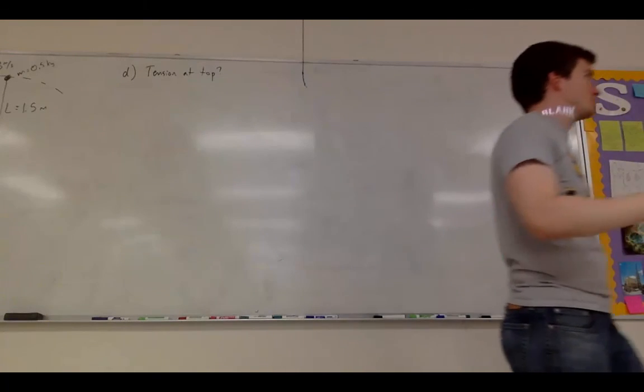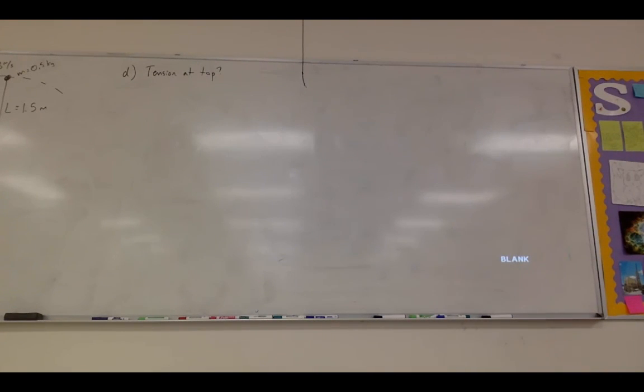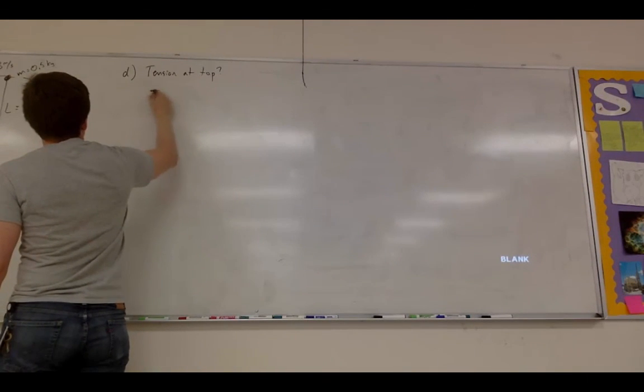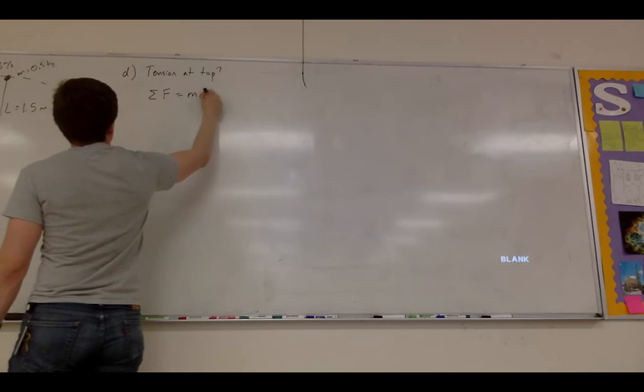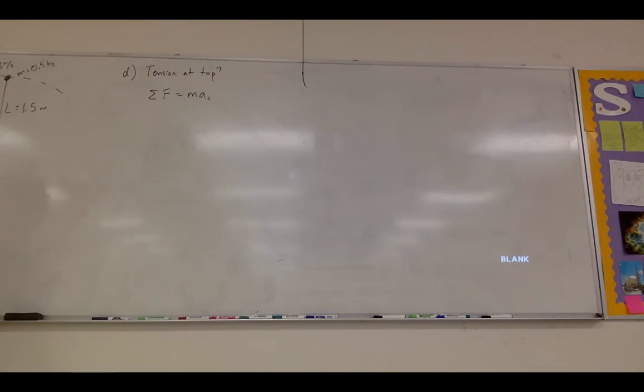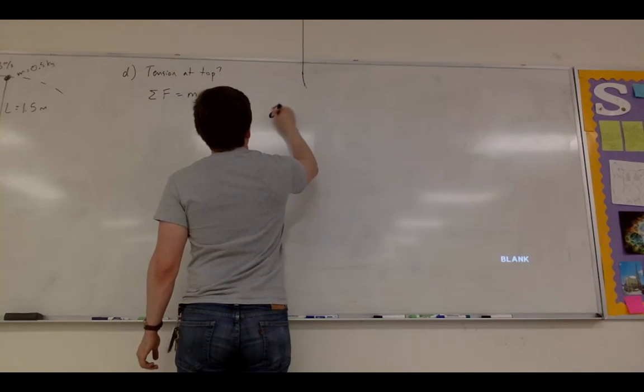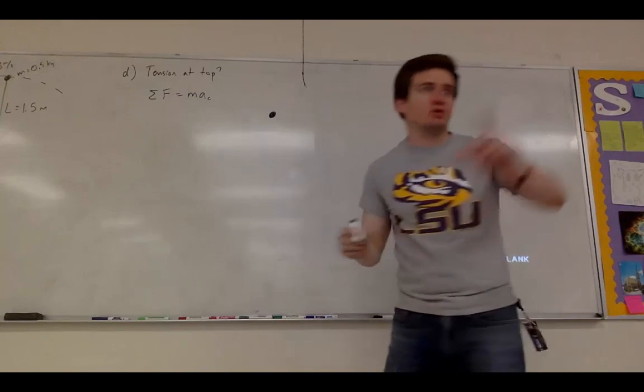Now, I will warn you. This is going to get a little bit weird right here. Let's think about Newton's second law right here. We're obviously going to start with net force equals MAC. But now let's think free body diagram. What's acting on the pendulum? Tension and gravity. I'm going to deal with gravity first.